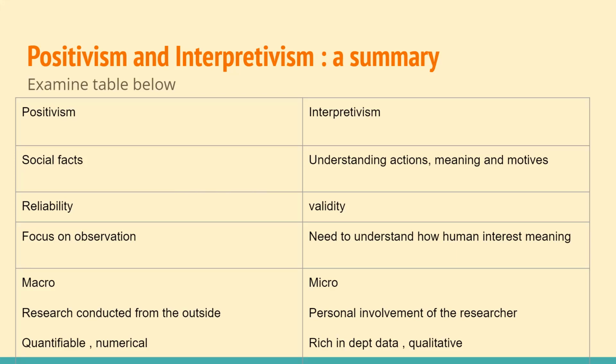In interpretivism, as I mentioned earlier, it is micro. Therefore, there is personal involvement of the researcher, and interpretivism looks for rich, in-depth data. Therefore, they prefer to use a qualitative research method.